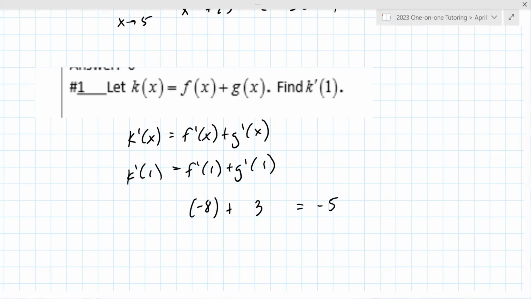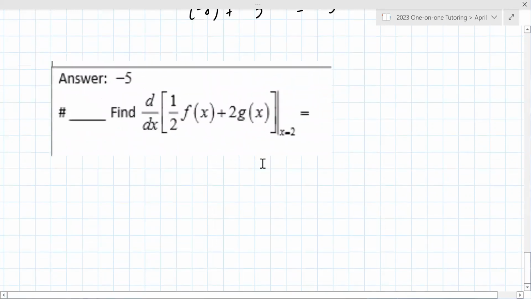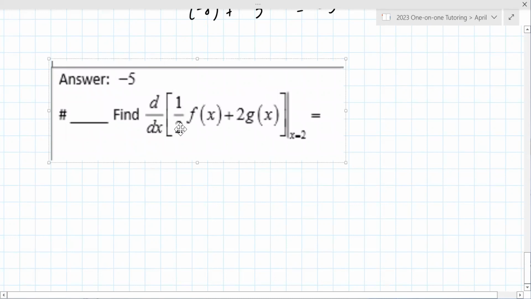So what does that mean here? So there's one at the bottom left, the lower right, the one where the answer is -5. Okay. This one says d/dx of 1/2 f of x plus 2 g of x, evaluated at 2.